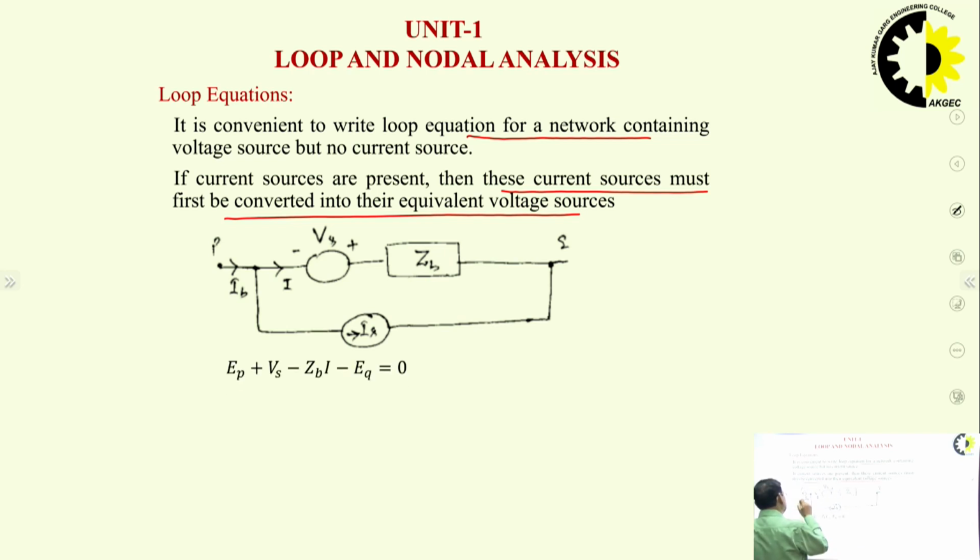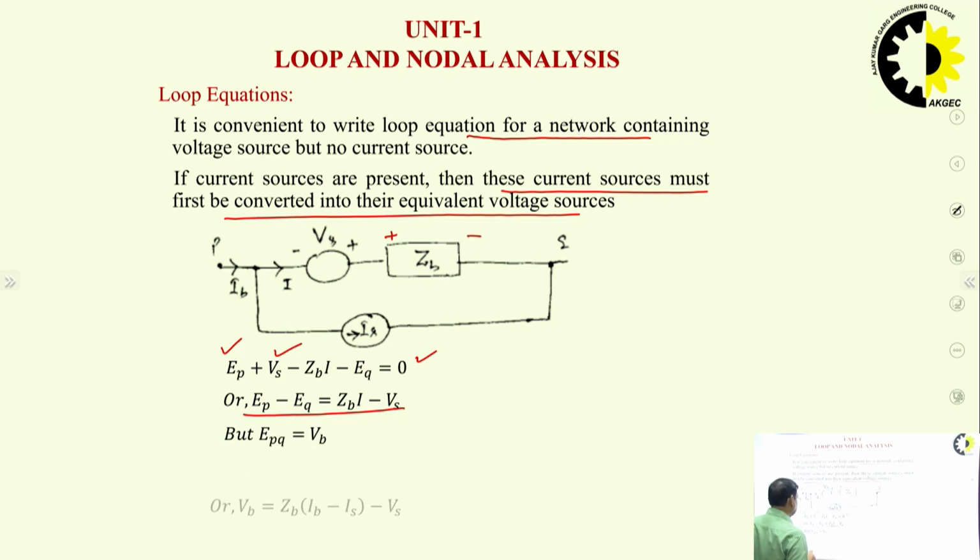The voltage at point P is EP plus Vs, since we are moving from minus to plus, and the current is flowing, so here is plus and here is minus, so minus ZB times I, equal to EQ, that is, EP plus Vs minus ZB I minus EQ equals 0. So EP minus EQ is this, and this is the branch voltage.